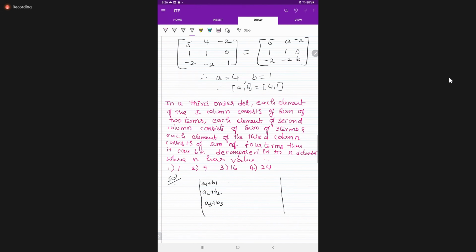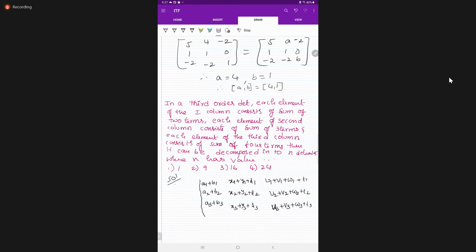Now I am writing x1 plus y1 plus z1, x2 plus y2 plus z2, x3 plus y3 plus z3. Next, the third column consists of sum of 4 terms. Now I am writing u1 plus v1 plus w1 plus t1, u2 plus v2 plus w2 plus t2, u3 plus v3 plus w3 plus t3.